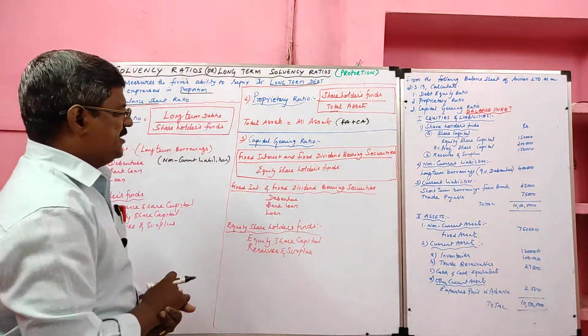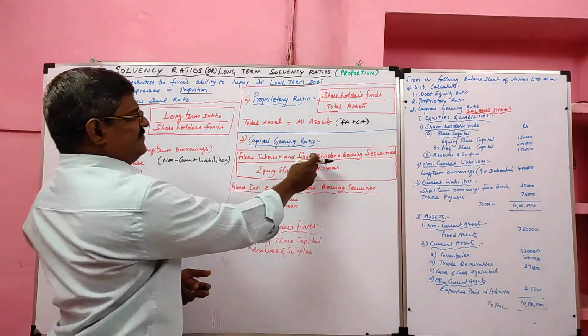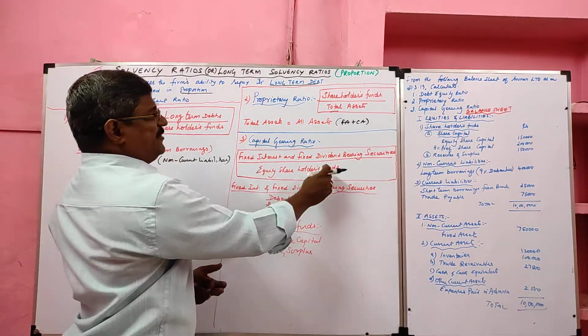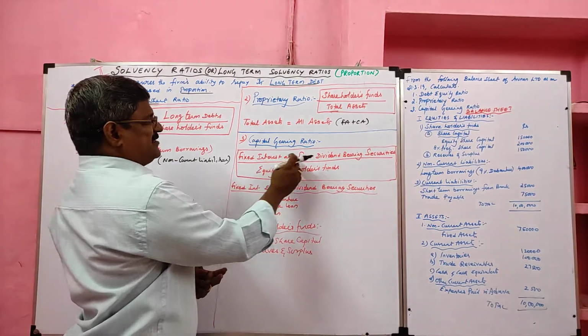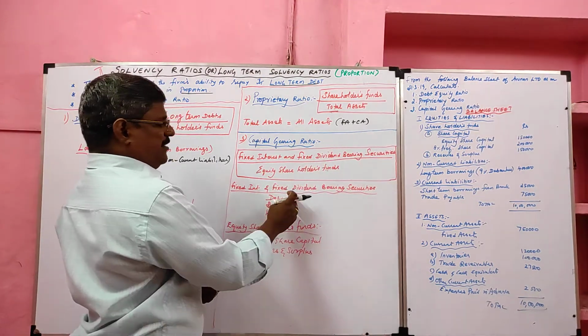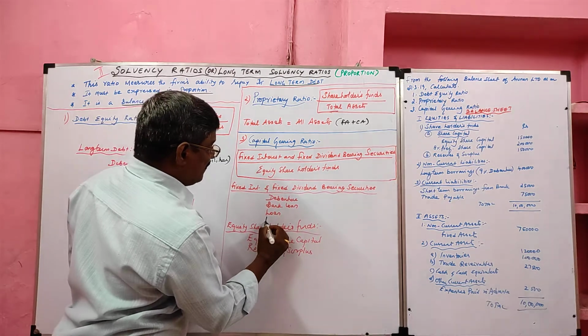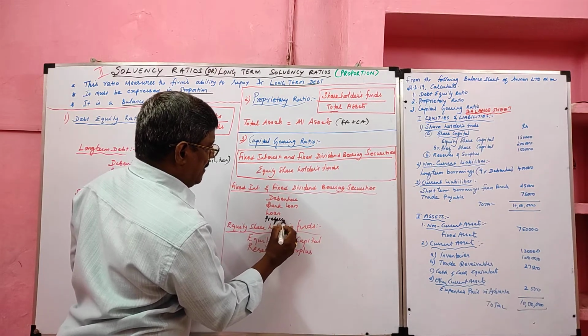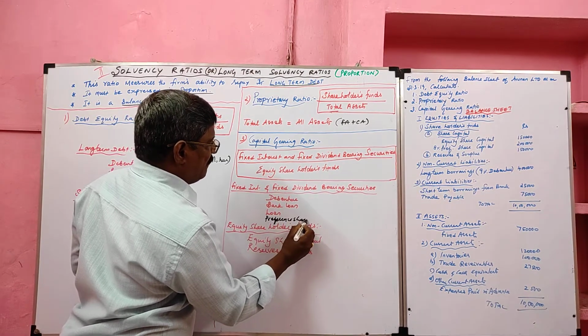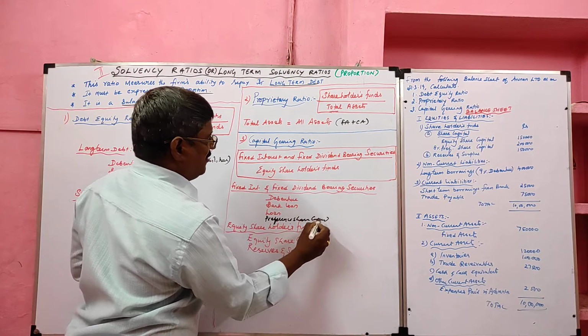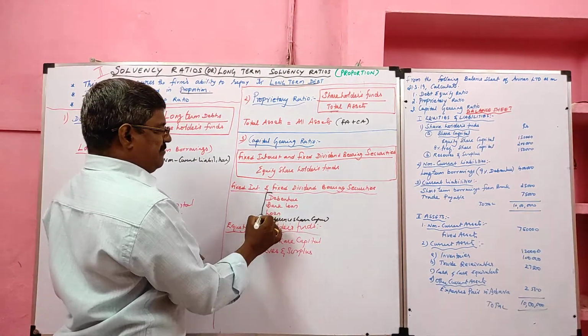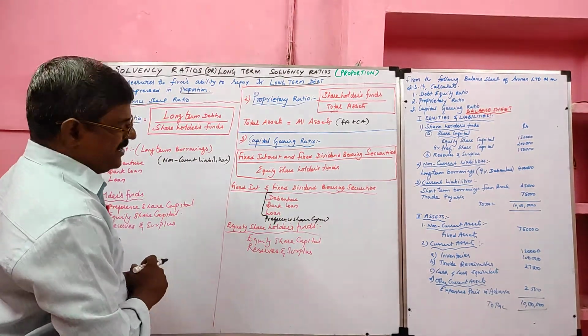Then capital gearing ratio. Formula: fixed interest and fixed dividend bearing securities divided by equity shareholder fund. Fixed interest and fixed dividend bearing securities are debenture, bank loan and preference share capital. For preference share capital we will pay fixed rate of dividend. For debenture, bank loan we will pay fixed rate of interest.